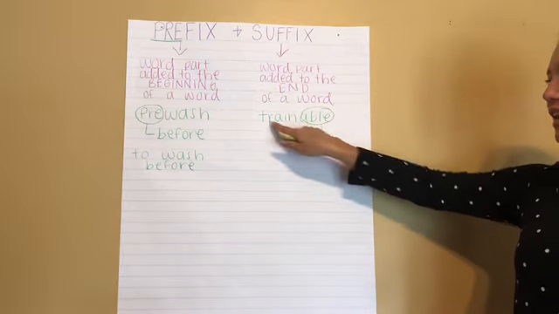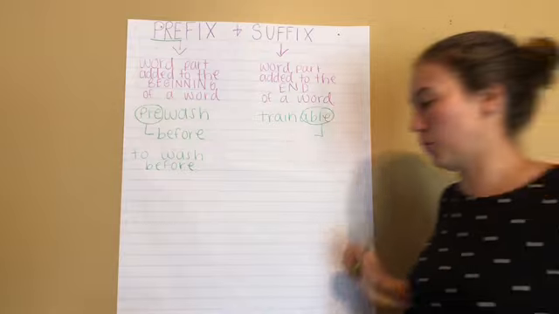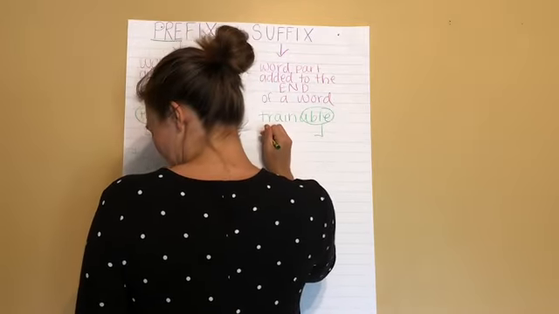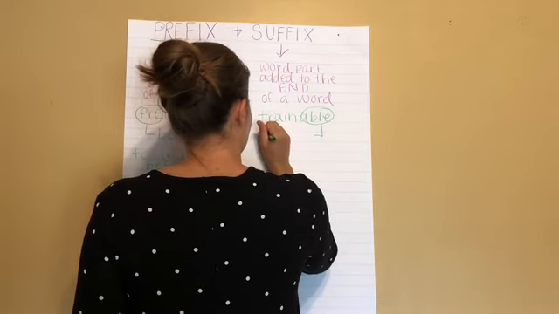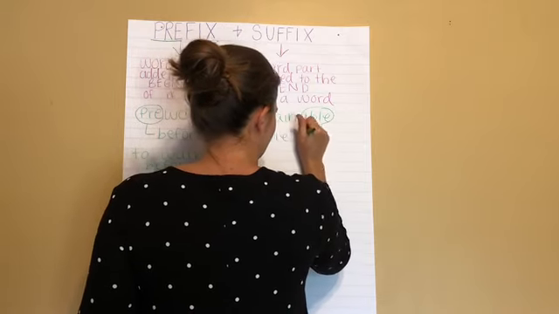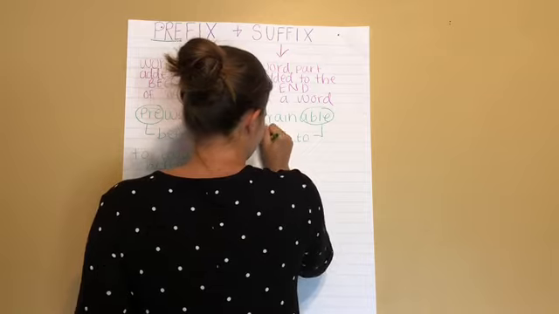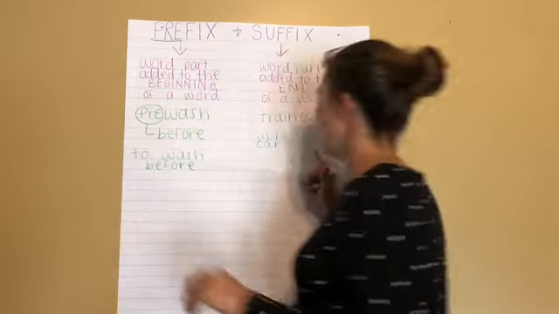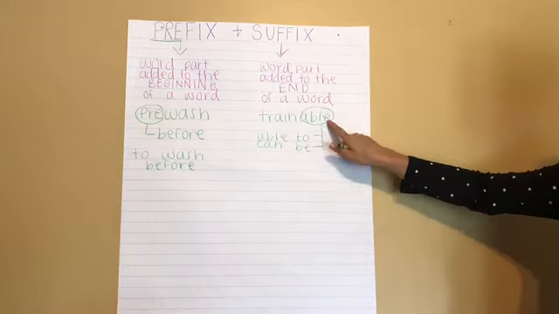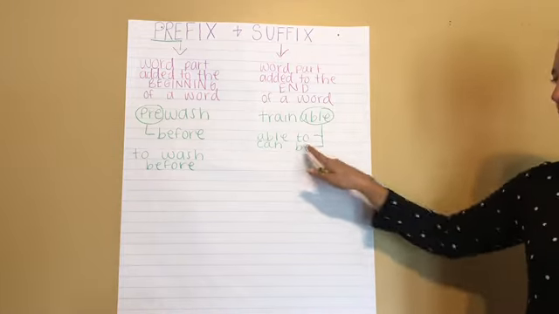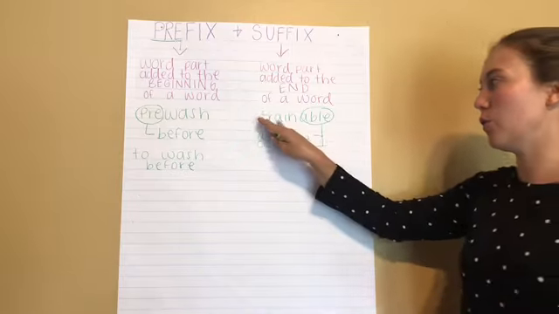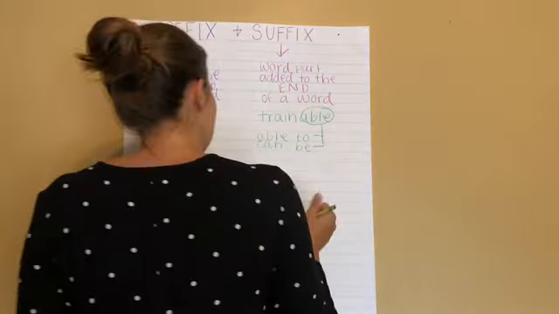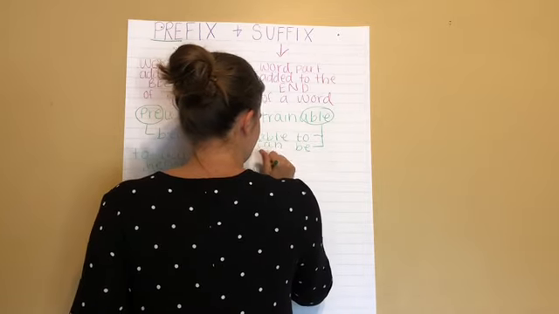It's added to the end of the word. Able means can be or able to. So I'm going to write both of those. Able means able to or can be. So this whole word put together, trainable, means can be trained.